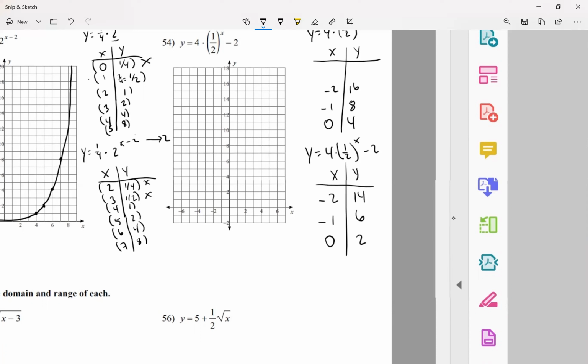So let me plot these points here. -2, 14. -1, 6. 0, 2. So it looks like that.